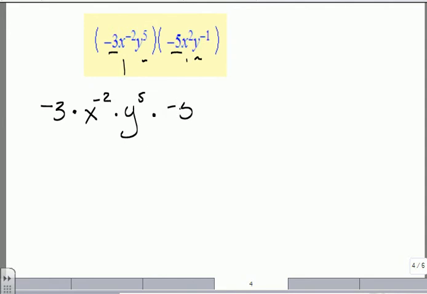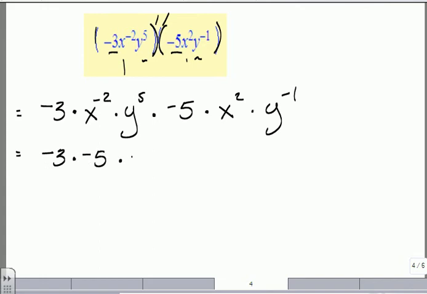In other words, we don't really even need these parentheses because everything is being multiplied. So we don't need special consideration for the first part or the second part. Furthermore, I can rearrange. It doesn't matter the order you multiply. So that's -3 times -5 times x to the -2 times x squared times y to the 5th times y to the -1.